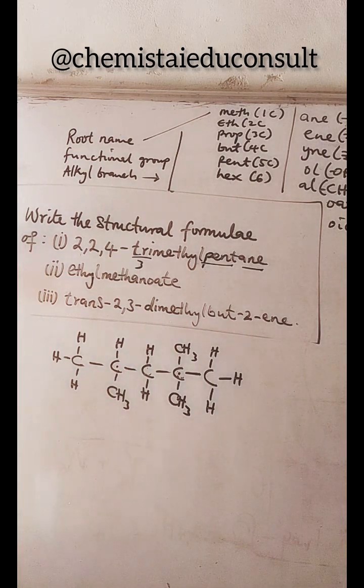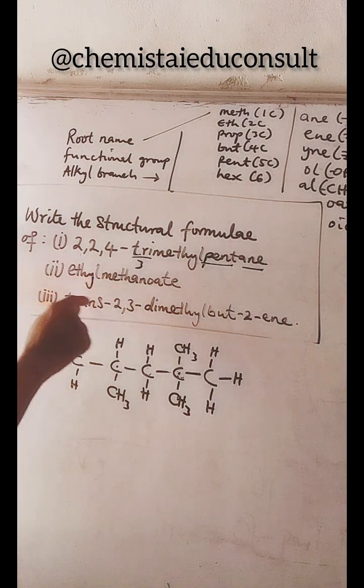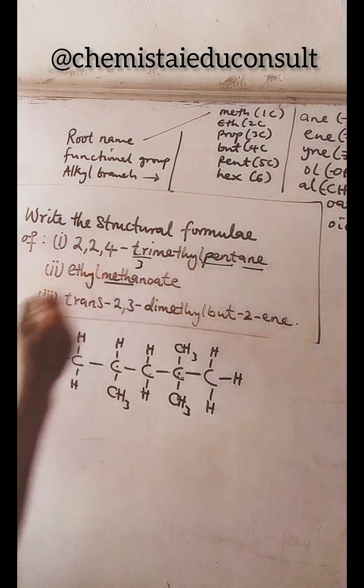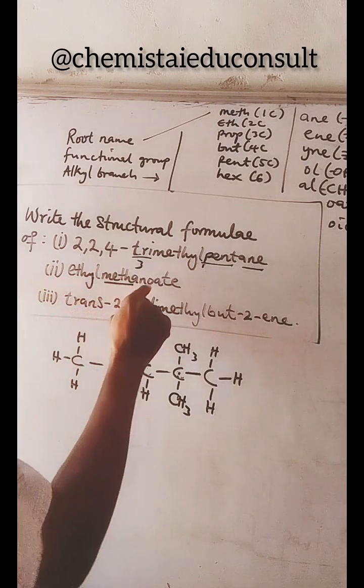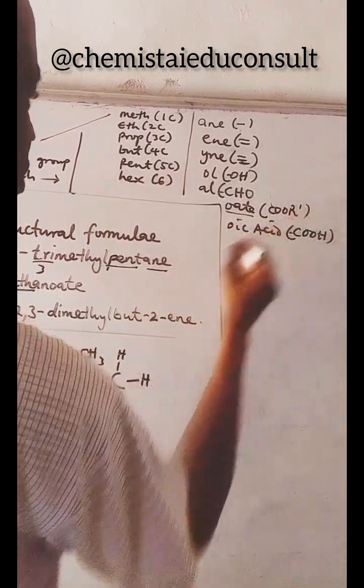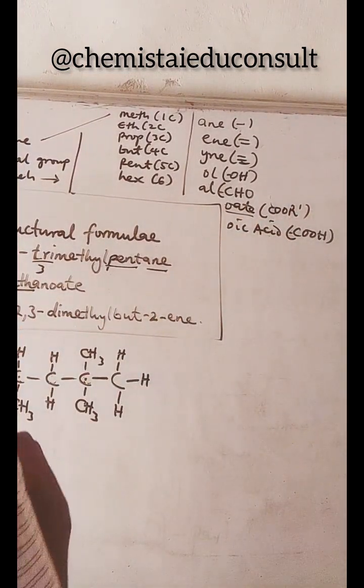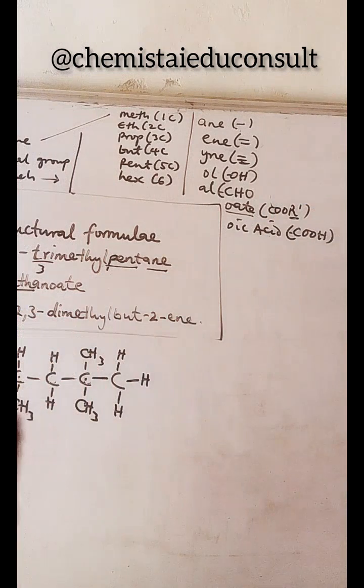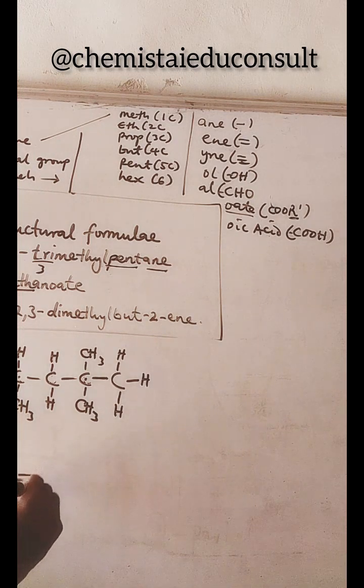II says ethylmethanoate. Ethyl is the branch, yl. Meth is the main group. But this meth contains oate. Look at the suffix oate. Oate here means COOR prime. The R prime is the alkyl branch. That meth means 1 carbon, and on that carbon we have O and O, then R prime.